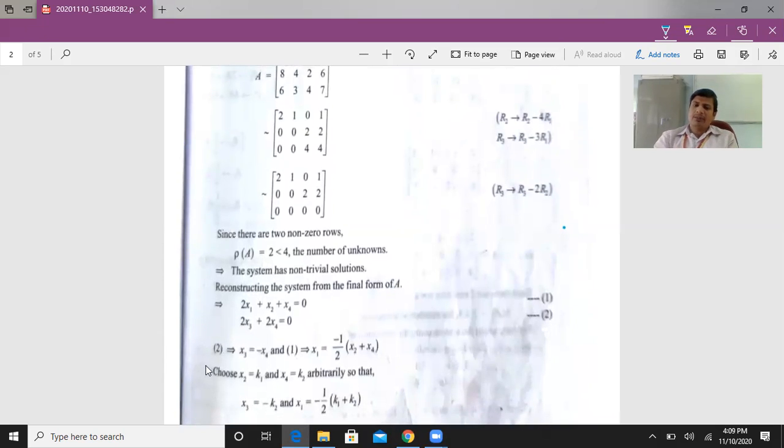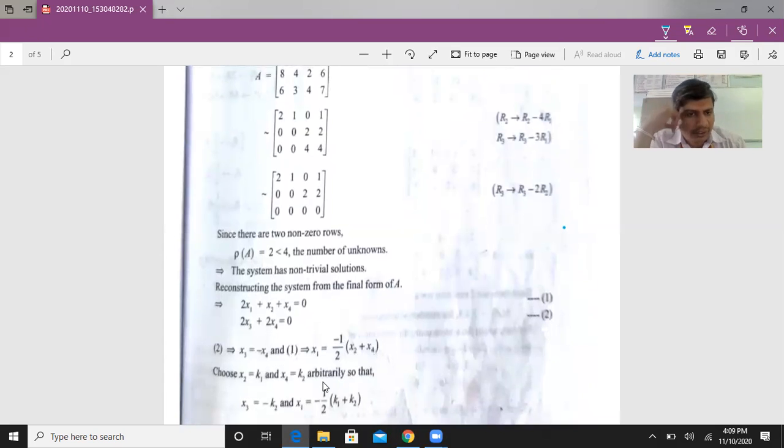After that, second equation simplification: 2 is there, then 2 comes outside, that is x3 plus x4. Then x4 comes to this side, that is minus x4. After that, the x3 value is substituted into equation 1. Then the final equation, that is minus 1 by 2 (x2 plus x4).